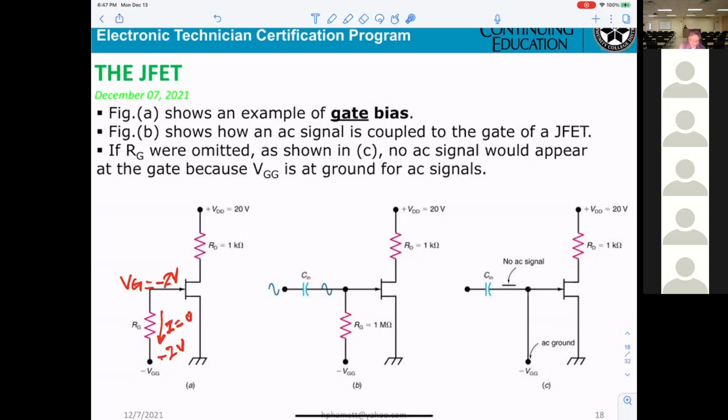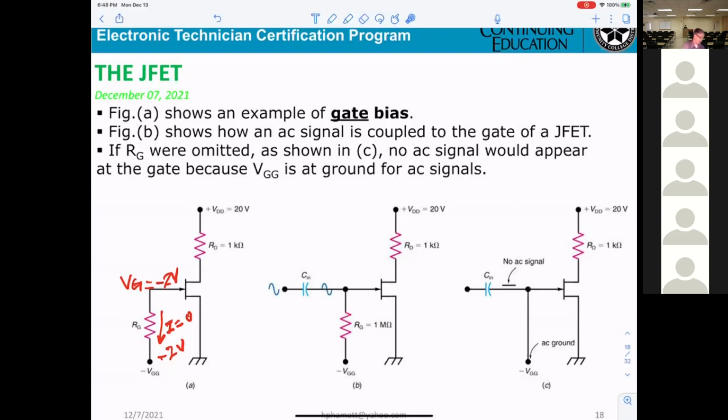And without RG, the gate will be shorted to the ground, and the signal coming in goes to the ground, not to the gate. And you don't want that. No, for sure. You want to amplify your voice signal. So that's my explanation for why you cannot connect VGG directly to the gate. The AC signal cannot go to the gate anyway.